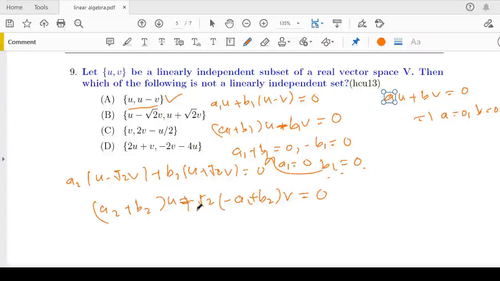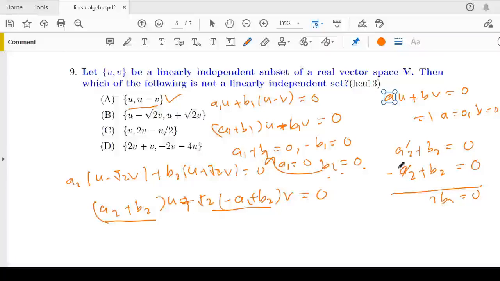We know that u, v are linearly independent, therefore the coefficients must be equal to 0. This implies that a2 plus b2 equal to 0 and minus a2 plus b2 is also equal to 0. Now 2 b2 equal to 0, therefore a2 equal to 0 and also b2 is equal to 0. Therefore these two vectors are linearly independent.